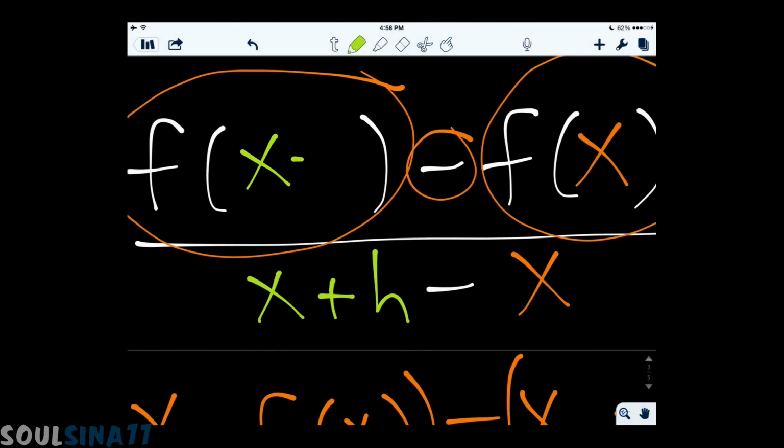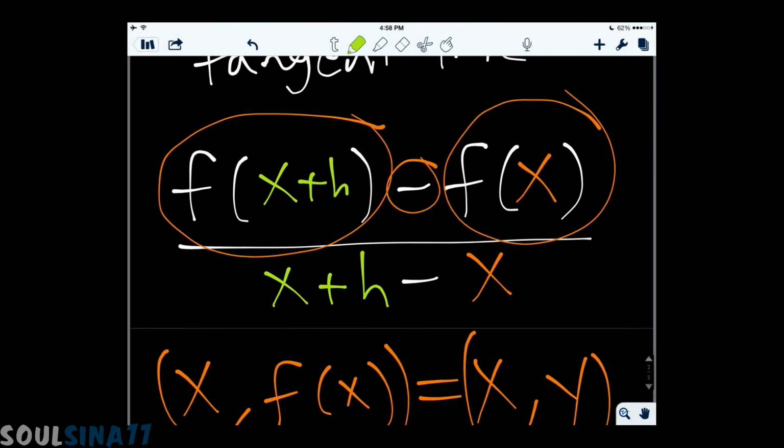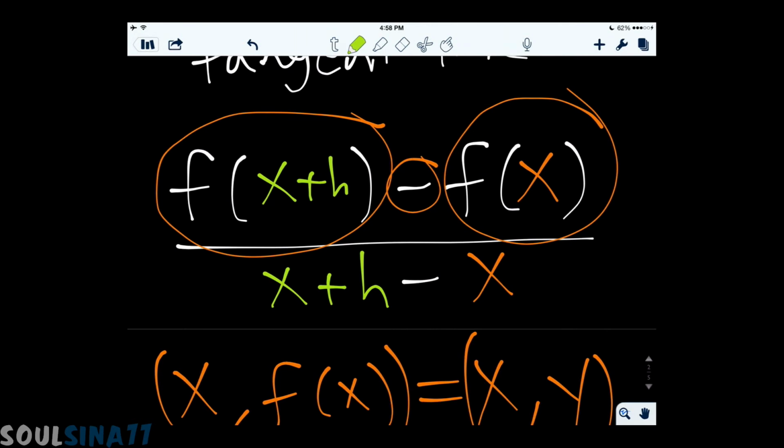F of x plus h, so the y value when we plug in the value x plus h, minus the y value when we plug in x, over, here's your first coordinate because you plugged this in up here, minus your second x coordinate.